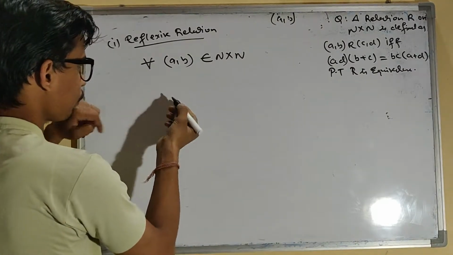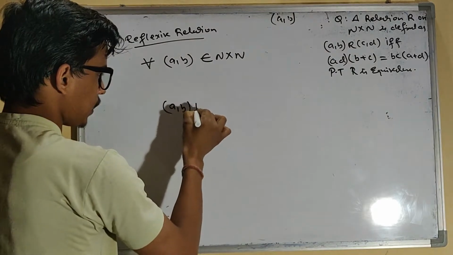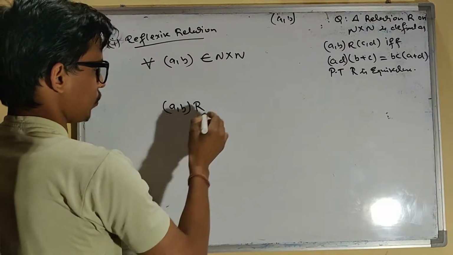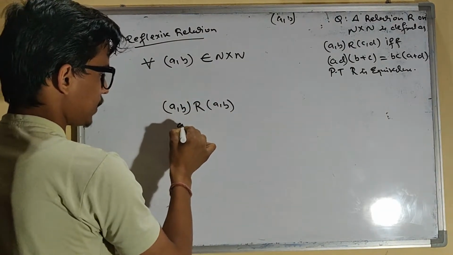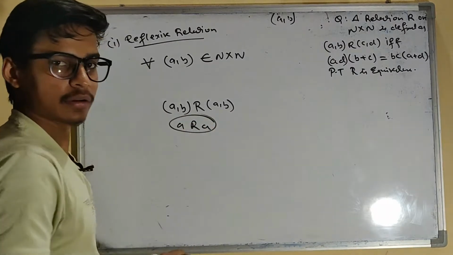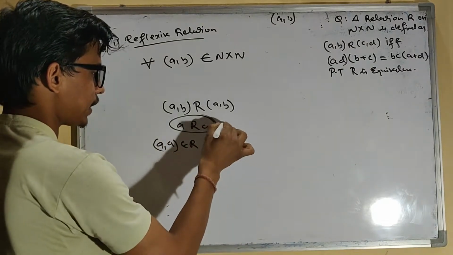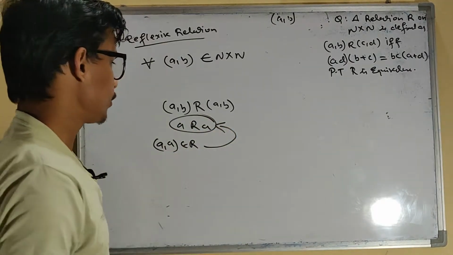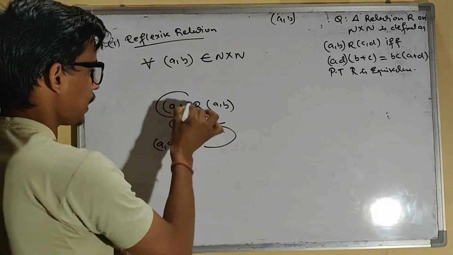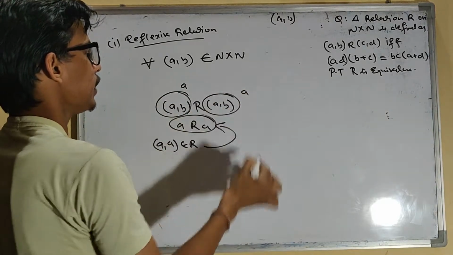Okay, so we have to prove that (a, b) is related to (a, b). I have to prove this, right? A is related to A means (a, a) belongs to R, can be written like this. So that is why (a, b) will be like a, and this is also going to be like a.